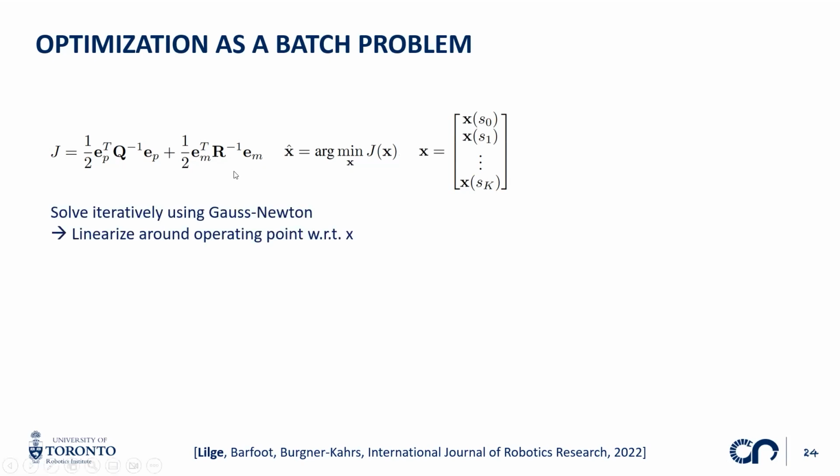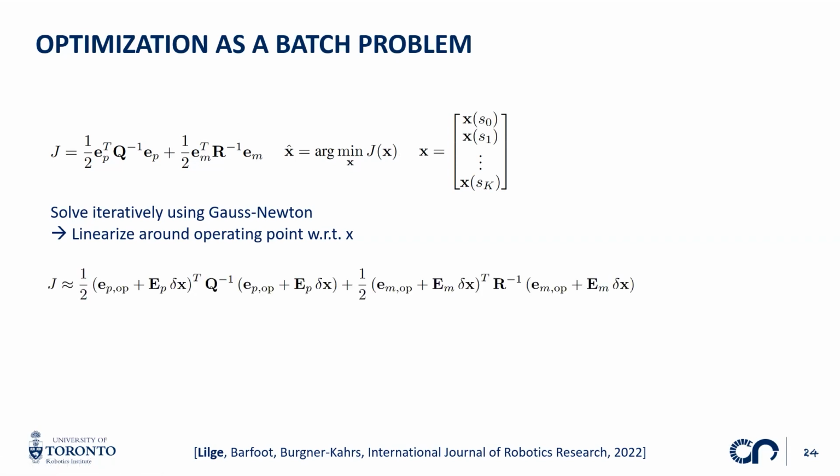So the idea now is that we solve this minimization or optimization problem iteratively using Gauss-Newton. In every step, we linearize this cost function about an operating point with respect to X. So that will result in a structure looking something like this.